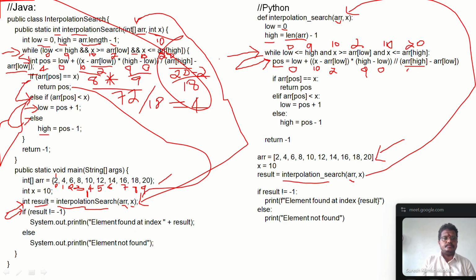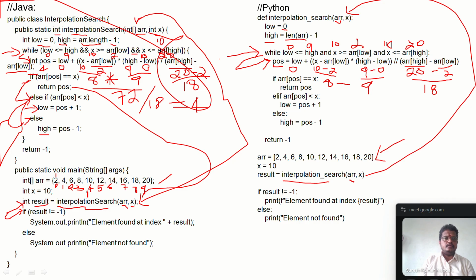That is 20. arr[low] is 2. So 20 minus 2 is 18. High minus low, 9 minus 0, is 9. Target minus arr[low], 10 minus 2, is 8.